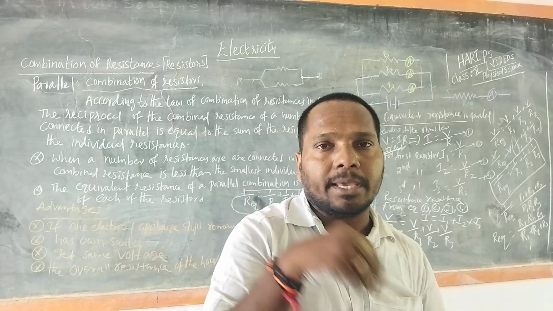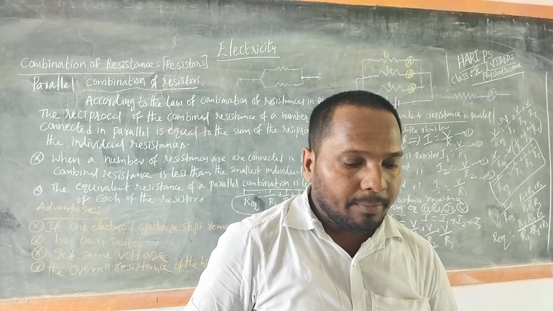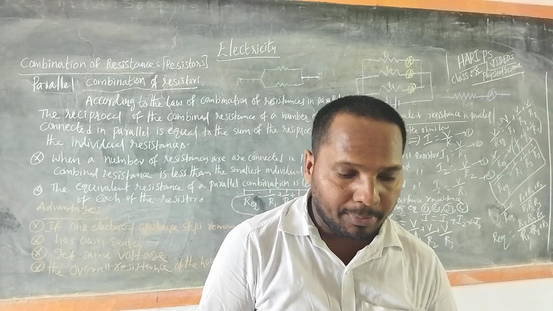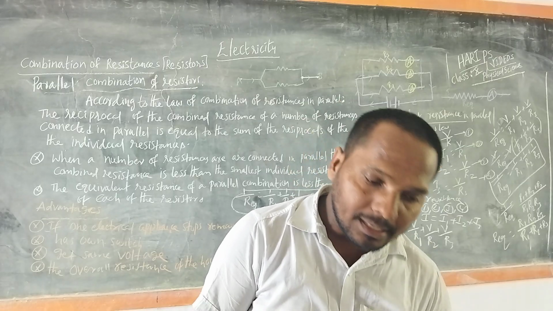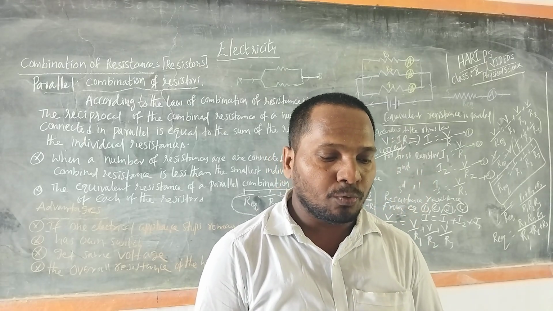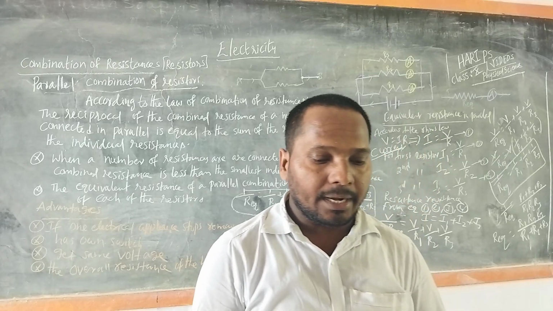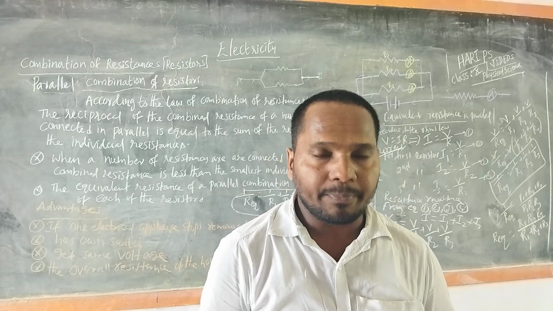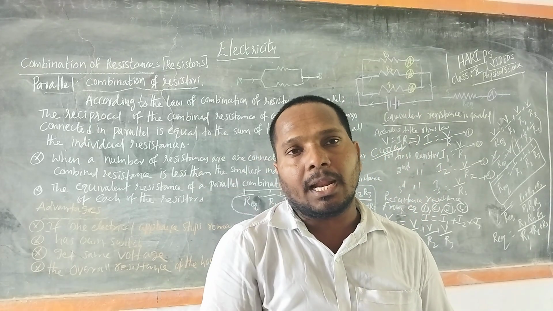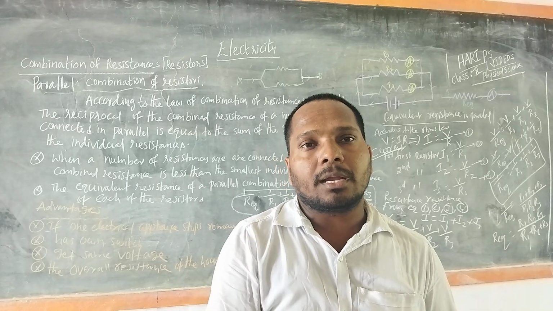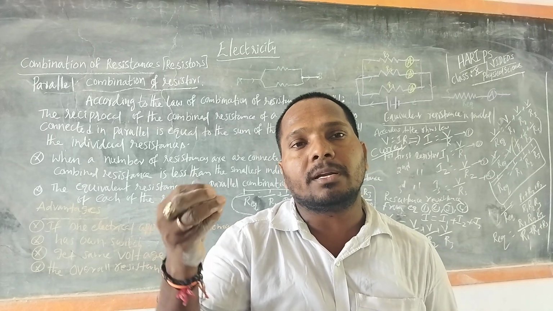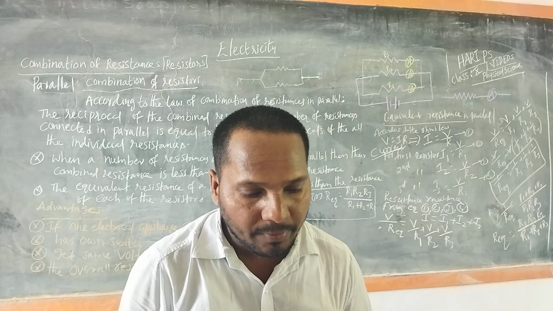In parallel connection of electrical appliances, the overall resistance of the household circuit is reduced, due to which the current from the power supply is high. We are using different electrical appliances, and they consume different amounts of electric current.